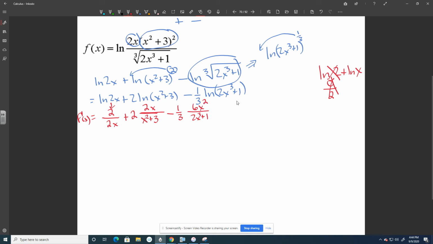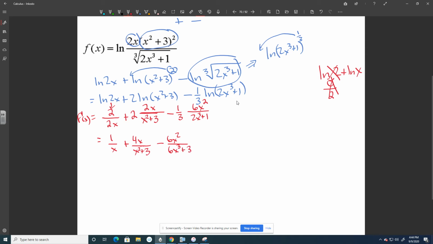So a little bit of rewriting. 2 over 2x just becomes 1 over x. 2 times 2x becomes 4x over x squared plus 3. And negative 1 times 6x squared is just 6x squared. And on the bottom, I end up with 6x cubed plus 3.